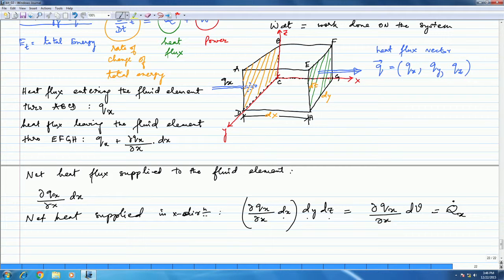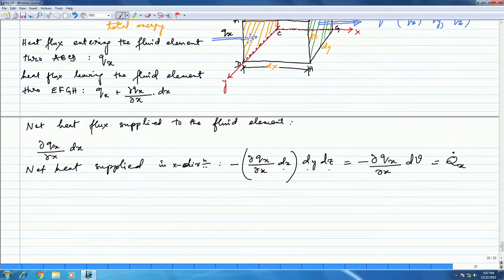When you do the math, you're basically going to do Qx minus this whole thing. So you will get a minus sign here, right? Which is fine. But what I would like to ask you here is to explain this conceptually. Mathematics wise, yes, you will get a minus sign there, but I would really like you to explain this conceptually. Okay, so think about that.